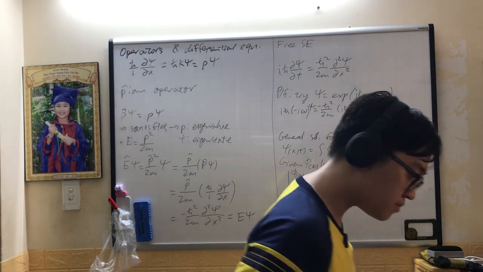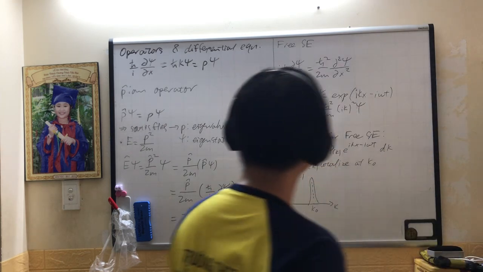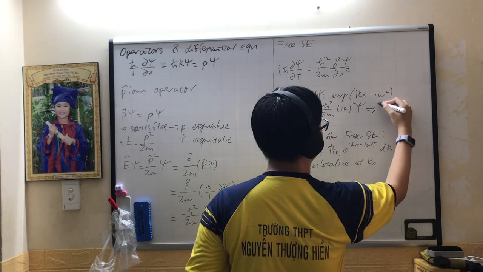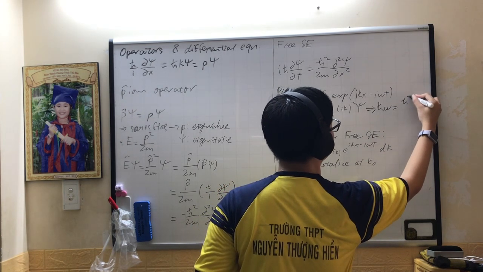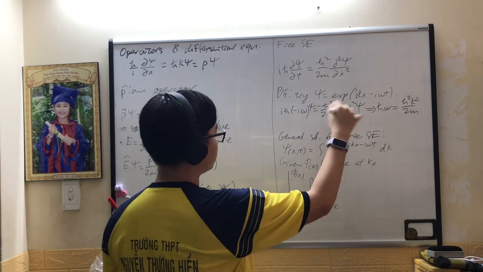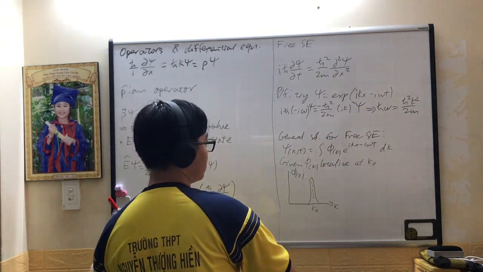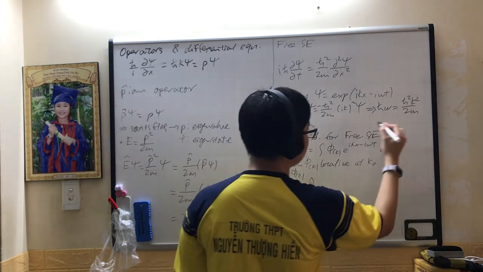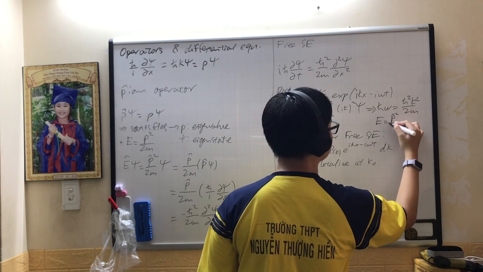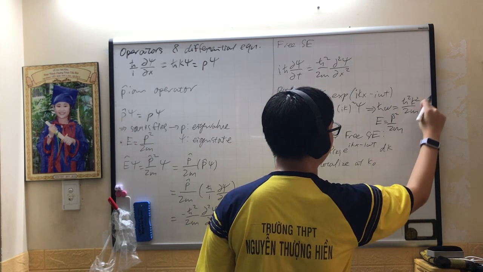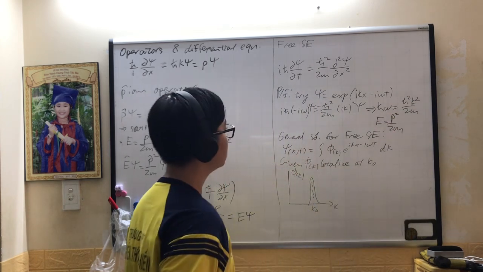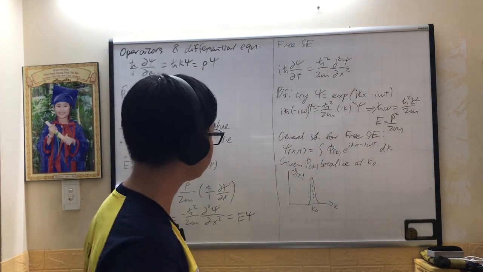From this you can get something like h bar omega equal to h bar squared k squared over 2m. And if you expand this even more, you would get the same thing as here, which is E equal to p squared over 2m, as p is h bar k, and this is E. So ultimately, this is correct.